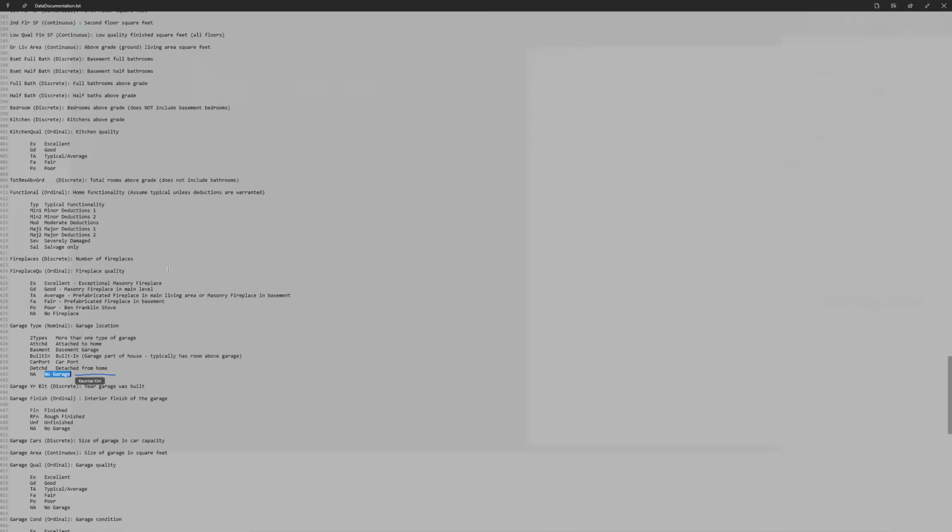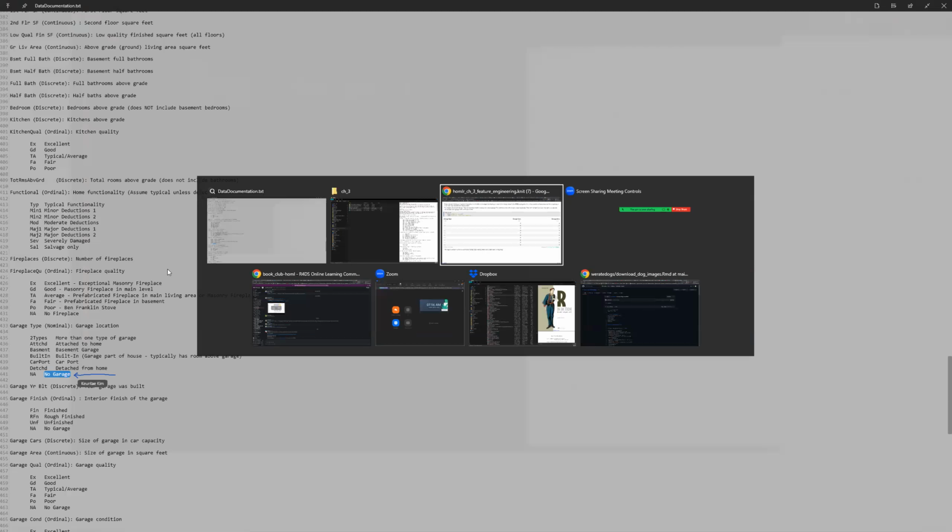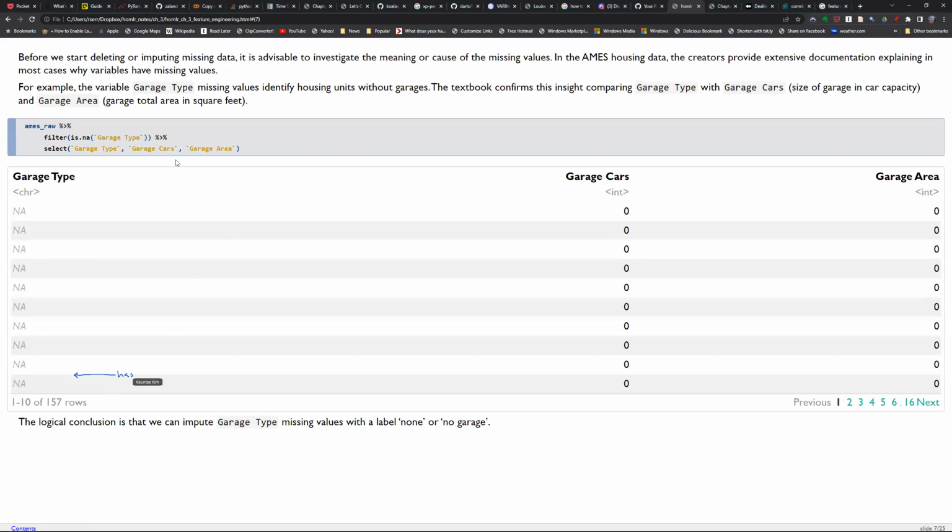Okay, so if we go back here to our Garage Type missing values, apart from the information that we have from that data documentation, we can also check with Garage Cars and with Garage Area. So we see that when we select those three variables, they align perfectly with Garage Type.